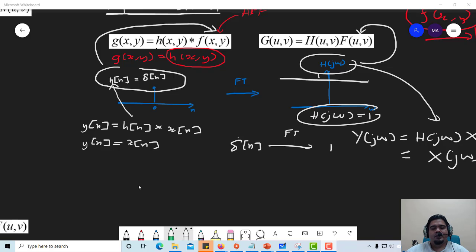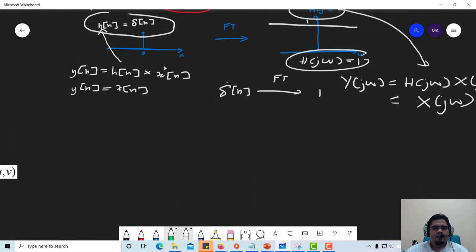If I draw this one in a 2D version, it should look like this.